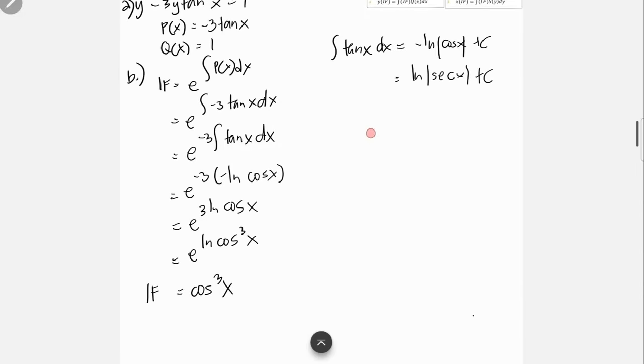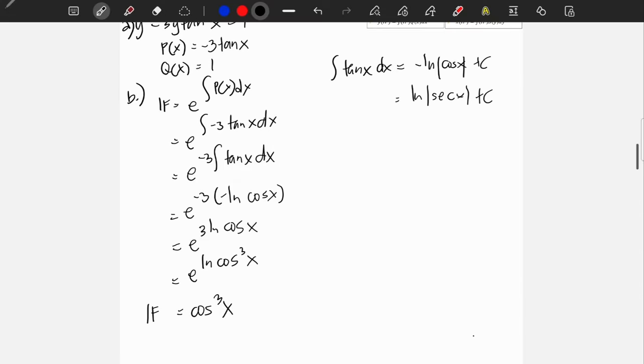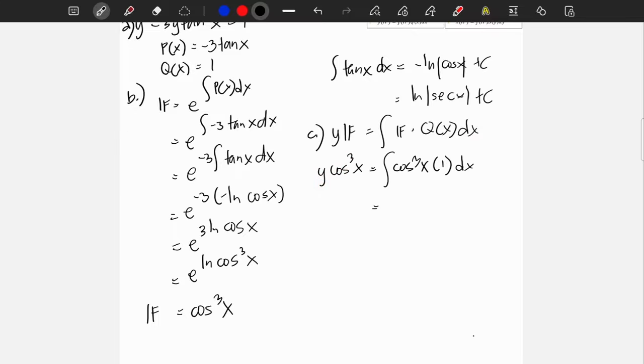Next step is to use the formula. The formula for linear in y is y times IF equals integral of IF times Q of x dx. Y times IF is y cosine cube, equals the integral of cosine cube x times 1, cosine cube x dx. And to integrate this one, we will separate one cosine.